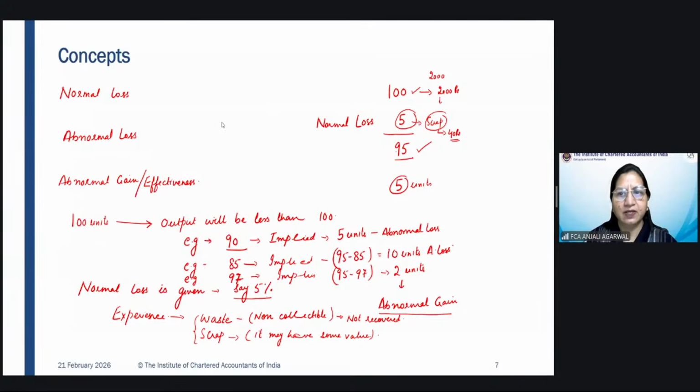Very important things in process costing are the normal loss and abnormal gain. When you have a certain number of units input in any process, through experience and industry standards it has been established that this process has a tendency to lose a certain number of units. That has been established, let's say, as a percentage.